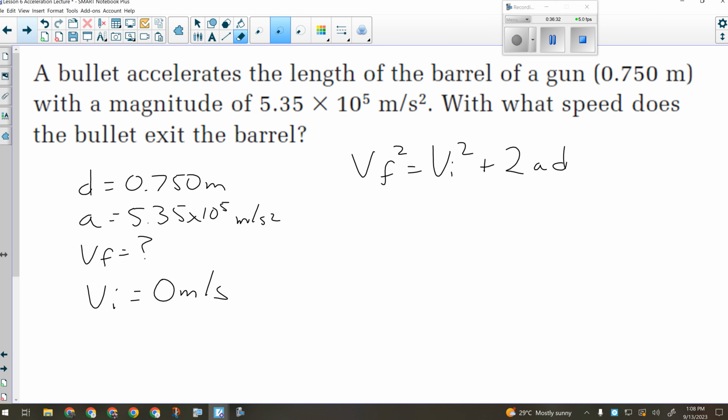So I'm looking for VF. If I want to calculate it, I actually do have to manipulate this to get VF. What do I have to do to it? Square root the whole thing. Yep. So I'm still going to leave that VI squared in there. I'm square rooting the answer basically when I get done.